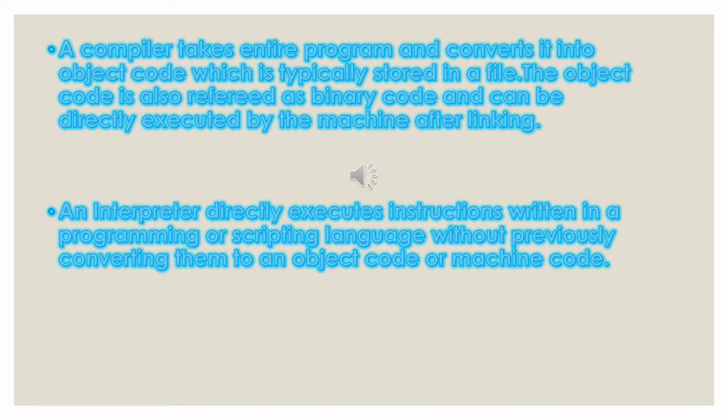The object code is also referred to as binary code and can be directly executed by the machine after linking. Examples of compiled programming languages are C and C++. An interpreter directly executes instructions written in a programming or scripting language without previously converting them to object code or machine code. Examples of interpreted languages are Perl, Python, and MATLAB.